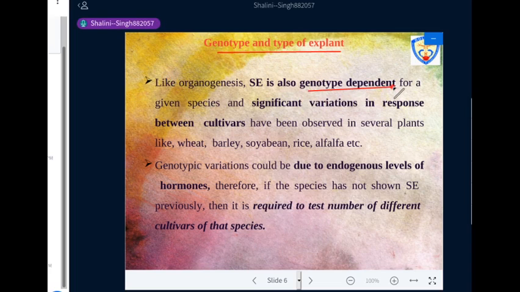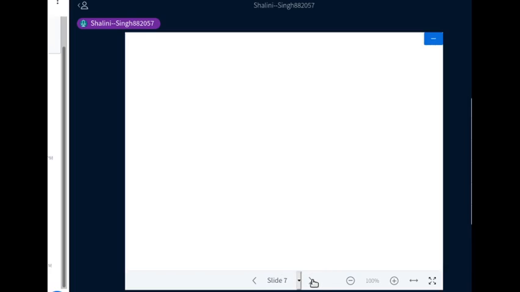For a given species, significant variations in response between cultivars have been observed in several plants like wheat, barley, soybean, rice, alfalfa, etc. Genotypic variations could be due to the endogenous level of hormones. Therefore, if the species has not shown somatic embryogenesis previously, then it is required to test a number of different cultivars of that species.